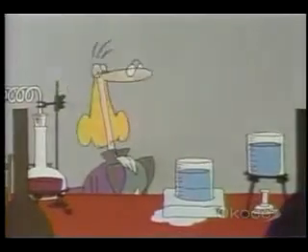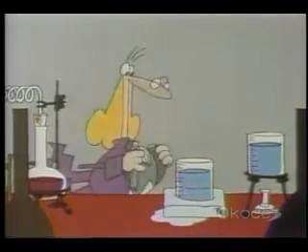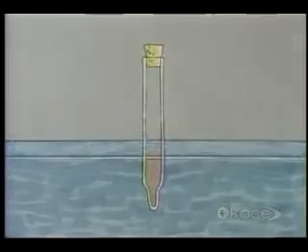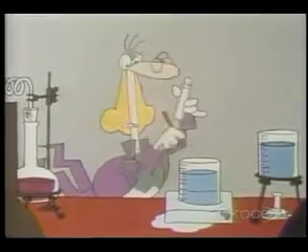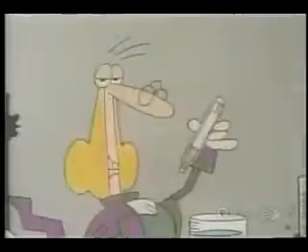He took a liquid that expands quite a bit when it gets hot, mercury, and poured it into a little tube. He then put the tube into some freezing cold water, and the mercury contracted down to here. He decided to label this freezing point of water 0 degrees Celsius.